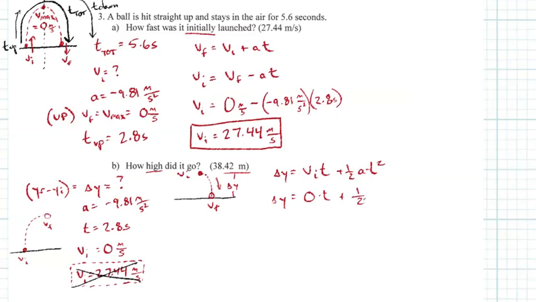Plus 1/2 times acceleration, which is negative 9.81 meters per second squared, times time squared, which is 2.8 seconds, that quantity squared. I guess I should have written it in here for t, but we know that's going to go away anyway, so I didn't bother to write it in. So that's going to just cancel out.